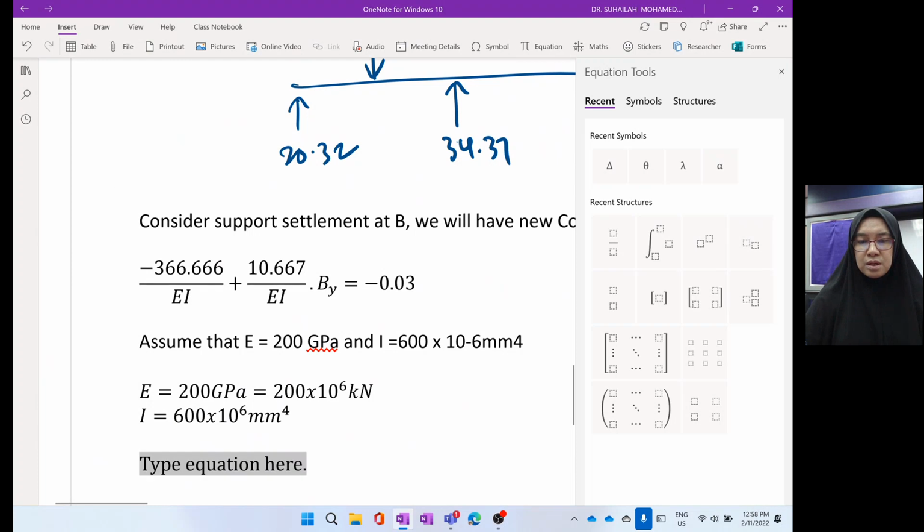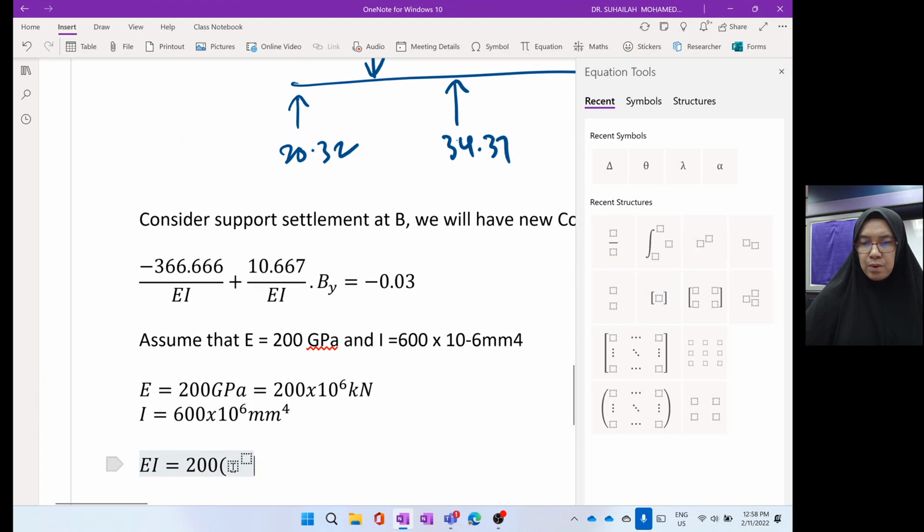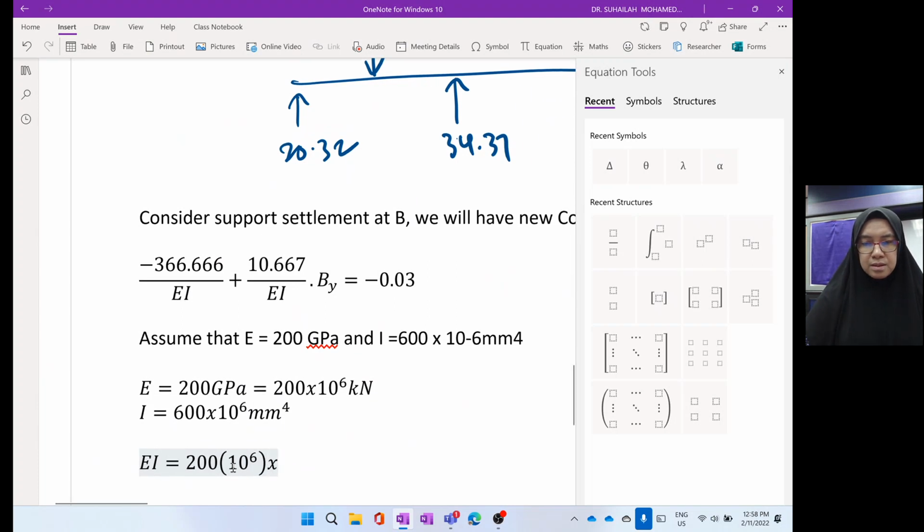EI, bila kita simplify this EI, this is equal to 200 dengan 10 power of 6, lepas tu kita kali dengan 600.